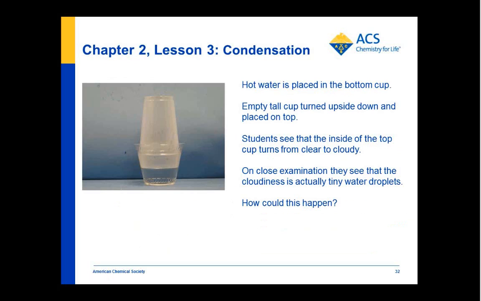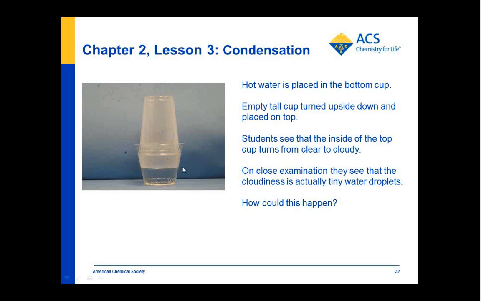And we're almost to the point where students should be able to talk in terms of molecules moving faster when we heat them, slower when we cool them, maybe getting a little closer together when you cool them because of attractions, getting a little further apart. So these ideas all come together from chapters 1 and 2 to give a good picture of the motion and arrangement of particles of solids, liquids, and gases, and state changes.